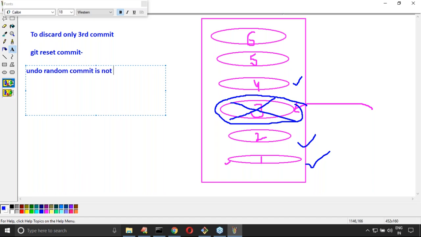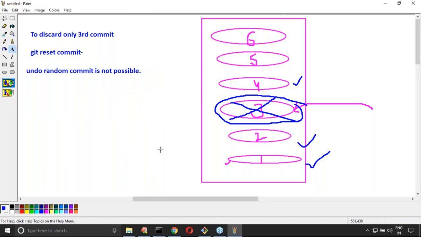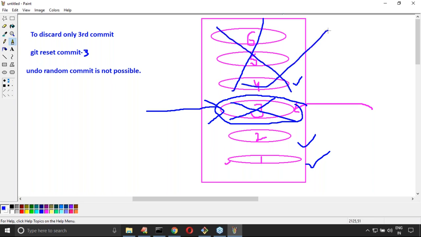Undo random commit is not possible. Remember that. By mistake, if you specify git reset commit 3 here, now it will become head, and all these things by default will be gone.